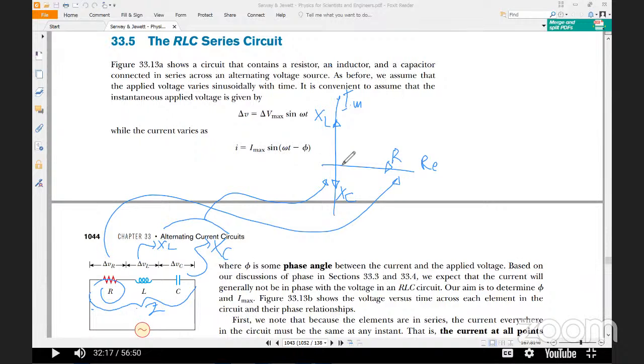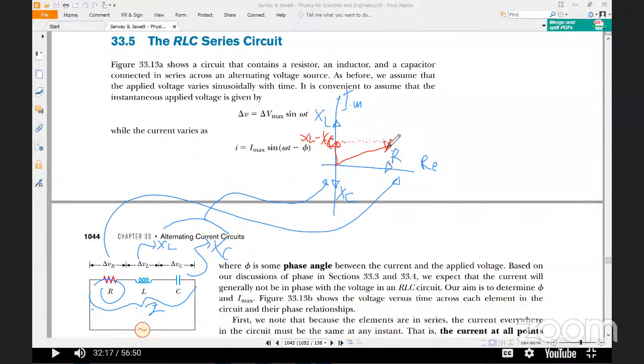The impedance can be calculated. So we have to calculate XL minus XC. For example, here this one is XL minus XC. This is C. So the resultant of XL minus XC and R is here.